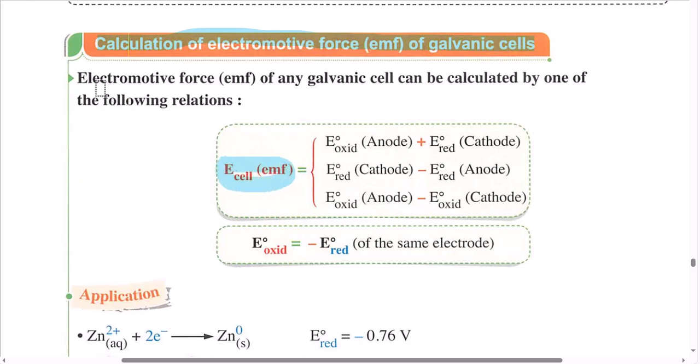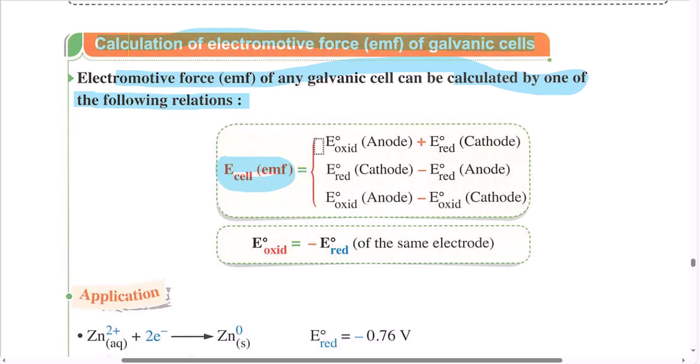Okay, so the electromotive force of any galvanic cell can be calculated by one of the following relations. Indeed, it is only one relation, but in different forms. There are 3 different forms of this relation.